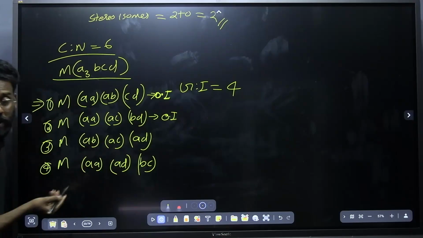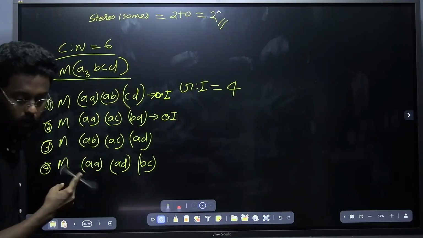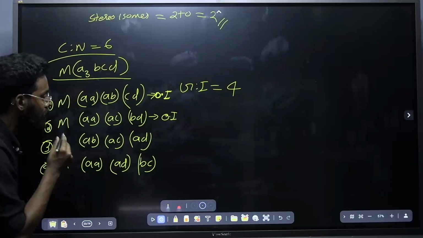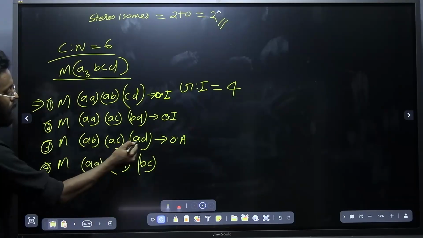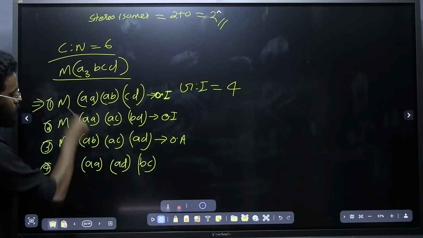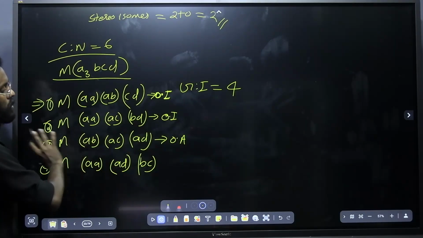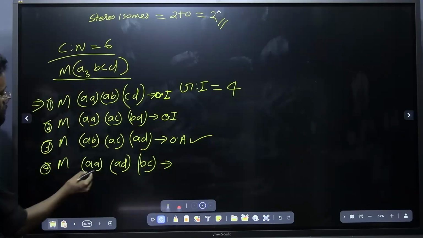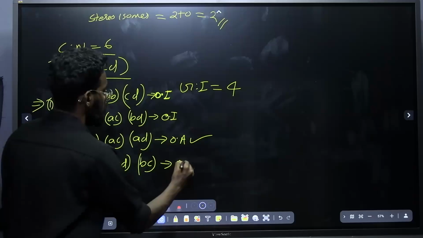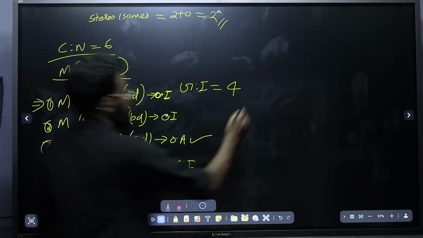Is it optically active or inactive? Optically active. Very good. Here there is no ligand which is same in a pair, and there is no pair which are same. So it is optically active. Now coming to the last one. Yeah, AA, optically inactive. So what is the total stereoisomer?